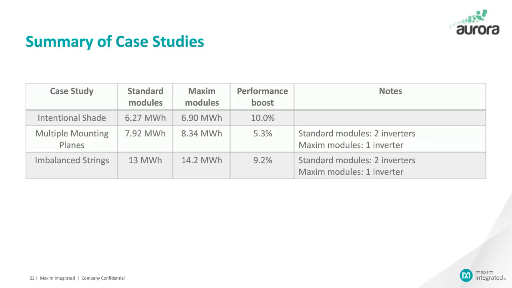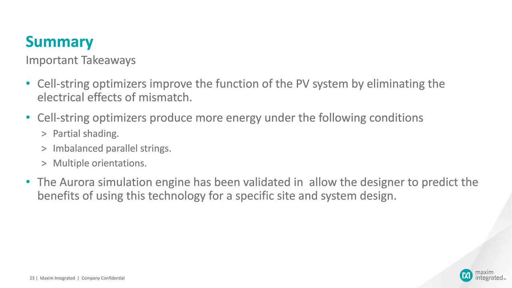So the takeaways that we want to emphasize to those listening are that cell string optimizers can improve the function of your PV system by eliminating not only the electrical effects of mismatch at a cell string level, but at a system level as well. And they're going to produce more energy under partial shading, imbalanced parallel strings, and multiple orientations.